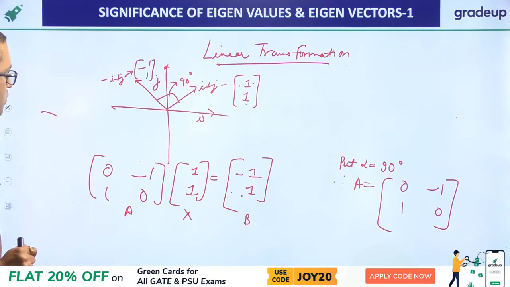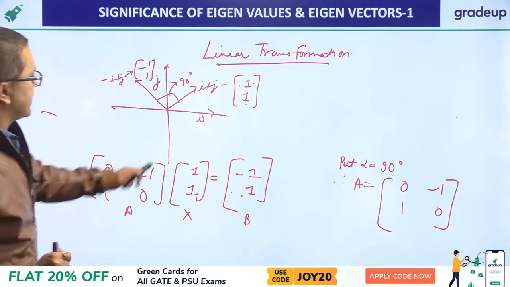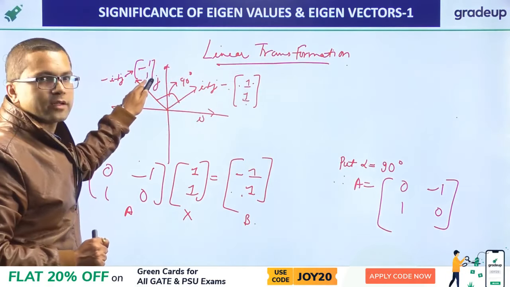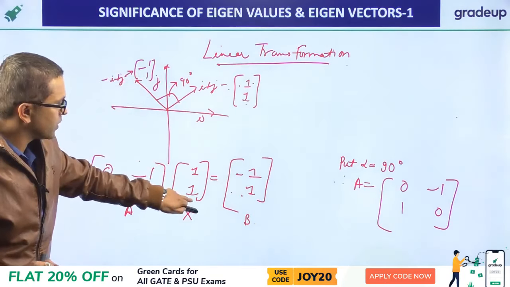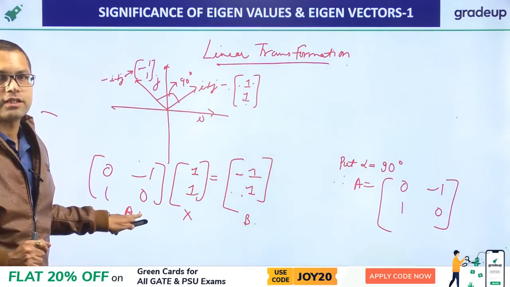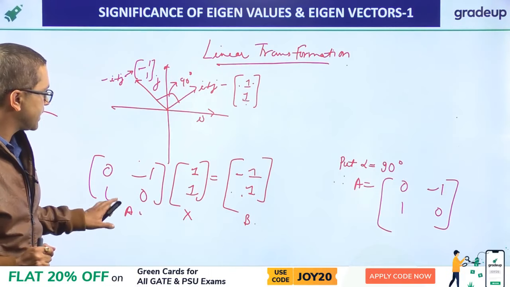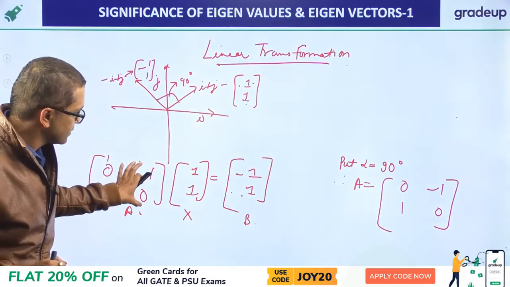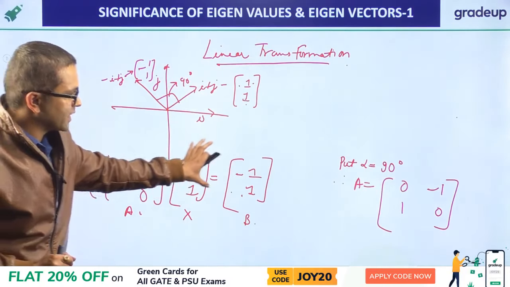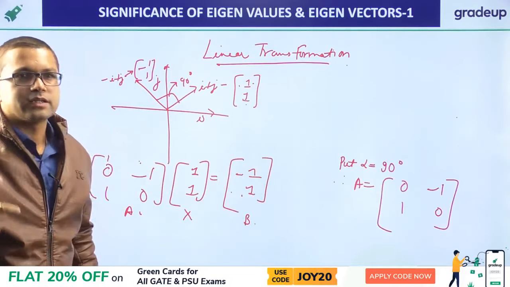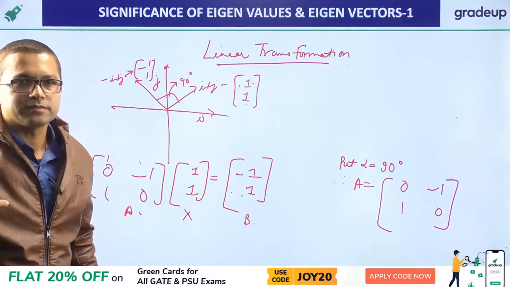So what we did was transform this vector to this new vector by multiplying the old vector with a matrix, a transformation matrix. Whenever we multiply a matrix with a vector and get a vector, this vector is the result of linear transformation.